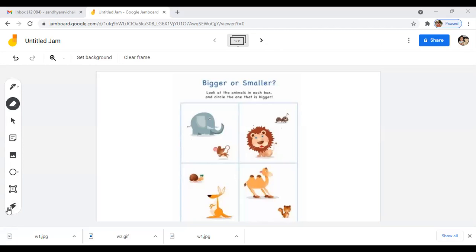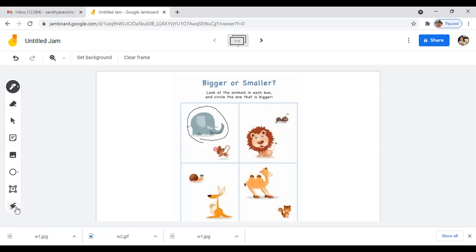Yes. So the first example, we have one elephant and one rat. What is this? Elephant and rat. Now we are going to circle the one which is bigger. Can we do that? Which is bigger, elephant or rat? Yes, the elephant is bigger.